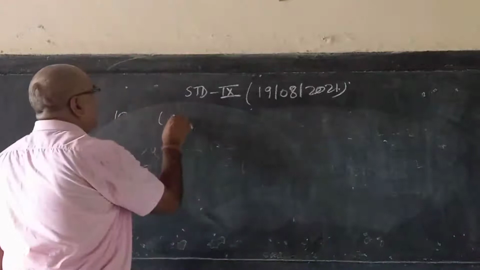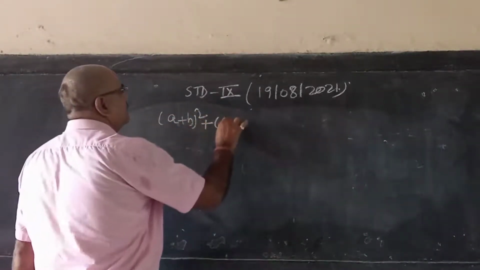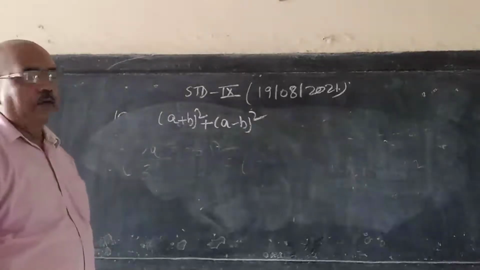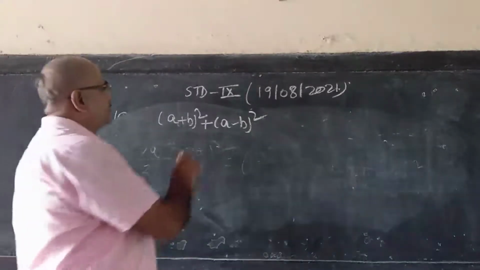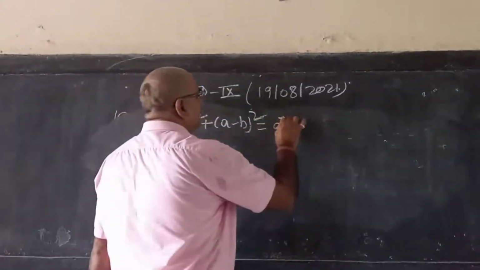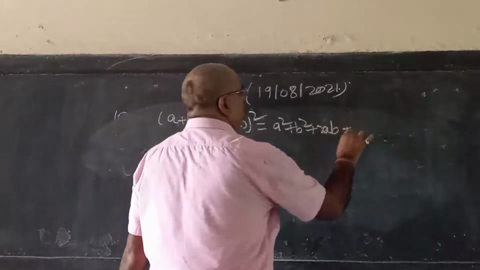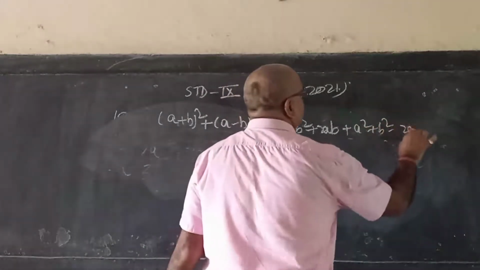Now, (a plus b) whole square and plus (a minus b) whole square. If we add these two results together, what value will we get? Since you know (a plus b) whole square is equal to a square plus b square plus 2ab, (a minus b) whole square is equal to a square plus b square minus 2ab.